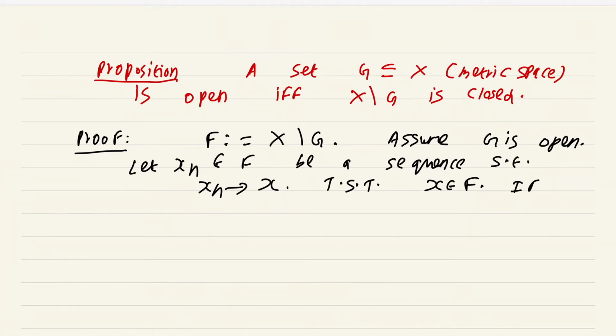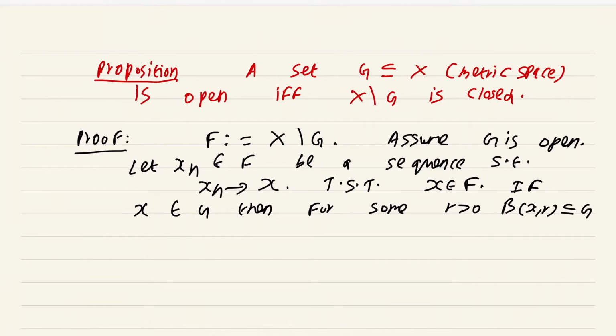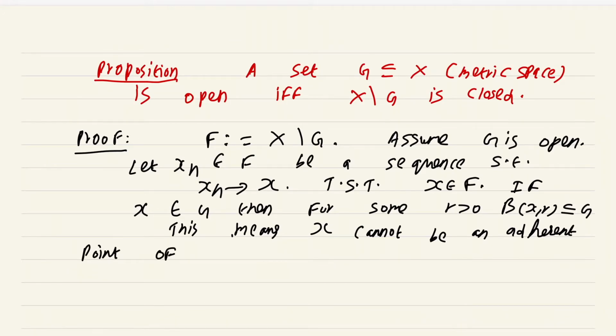If x is in G, then for some r greater than 0, B(x,r) is a subset of G. That's just because this set G is an open set, therefore x must be an interior point, therefore we can find a ball such that B(x,r) is fully contained in G. Well, this means x cannot be an adherent point of F, a contradiction.